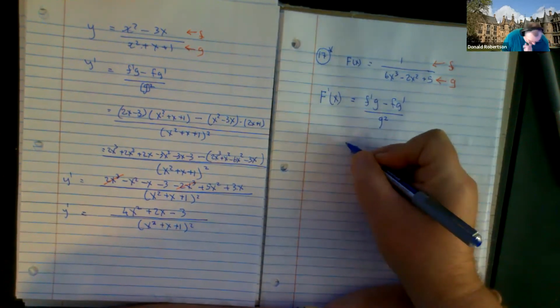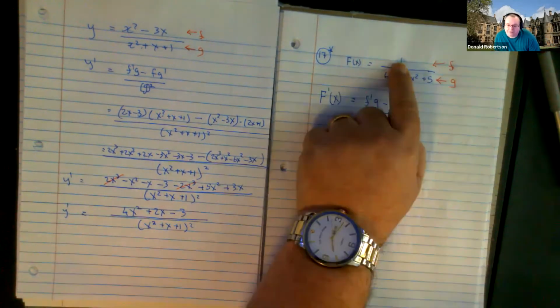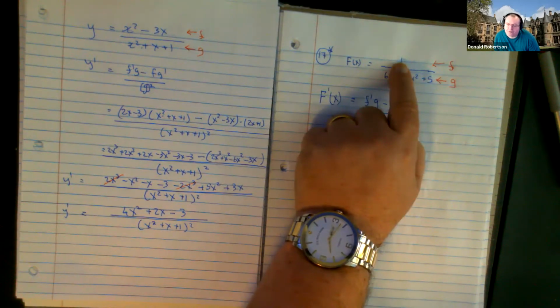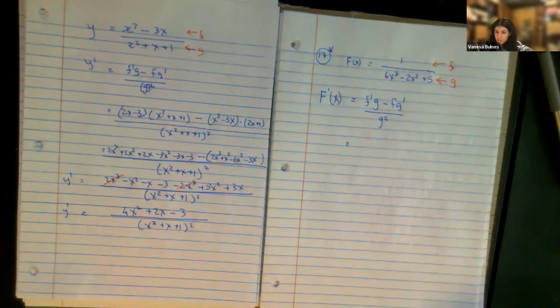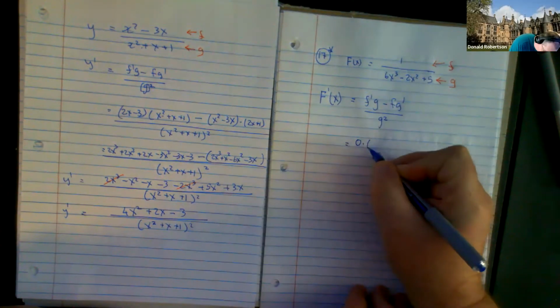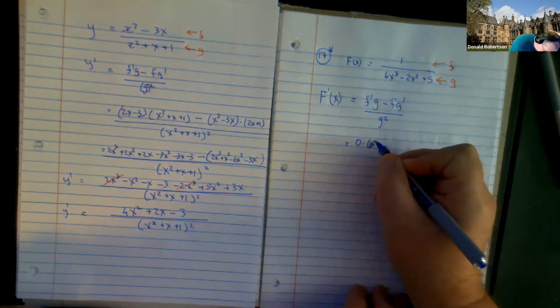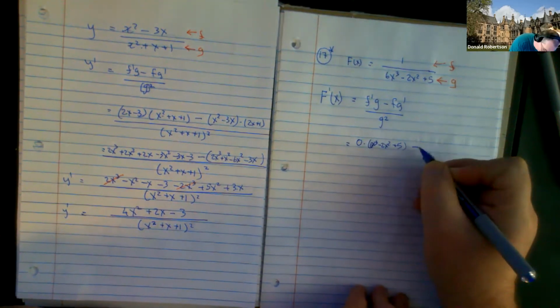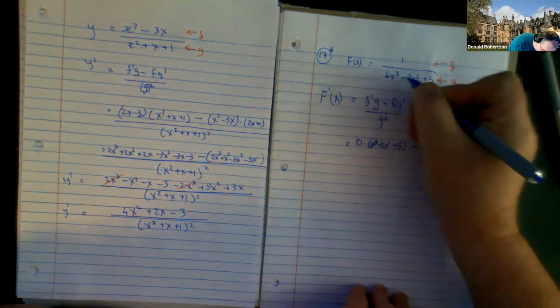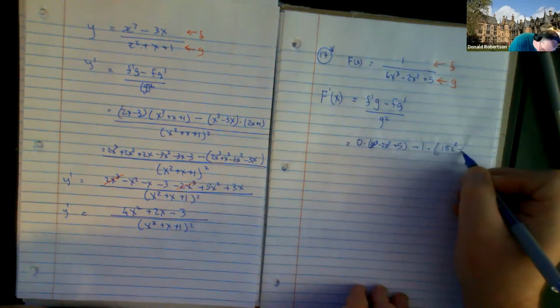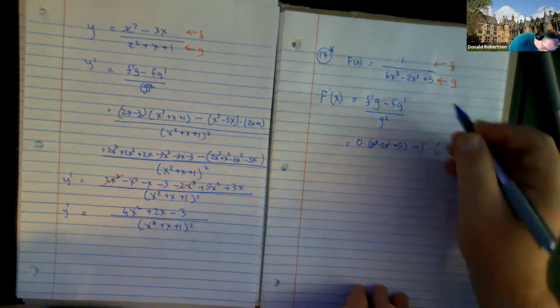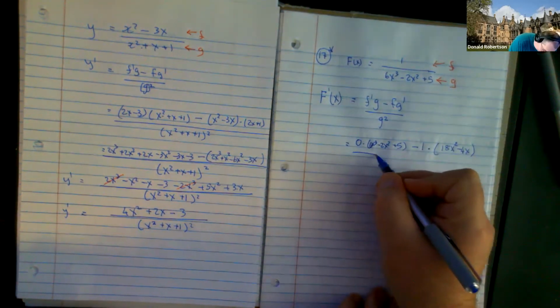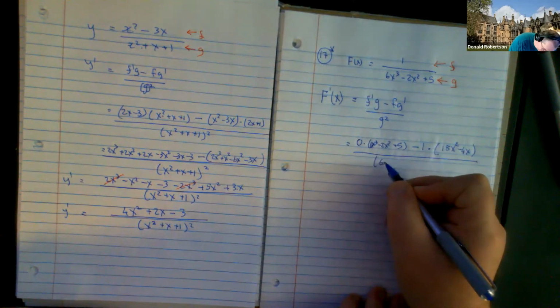Quotient rule. Right. What makes this a little different? There's a number on the top instead of an expression using x's. What is the derivative of 1? 0. So what you're going to get is 0 times this guy. Take away 1 times the derivative of this guy, which is what? 18x squared minus 4x. And on the bottom, you basically just get this guy squared.